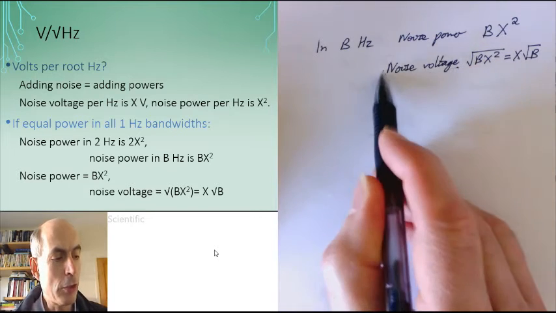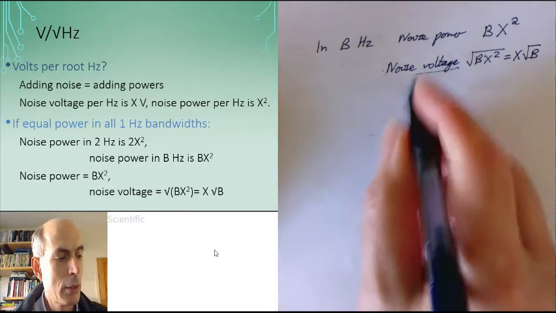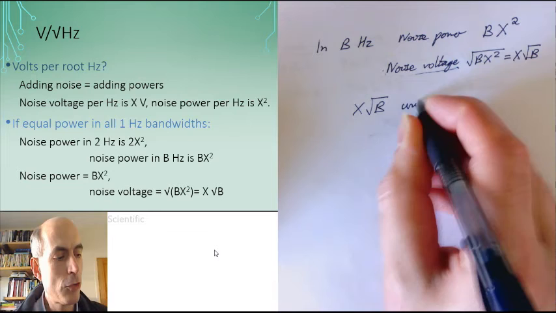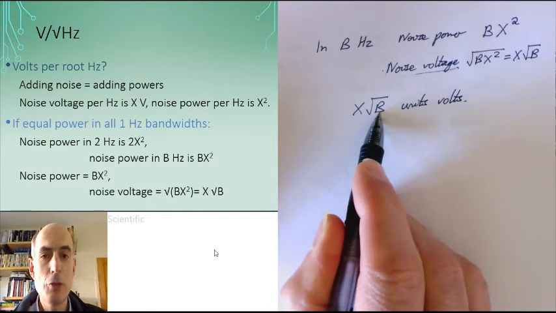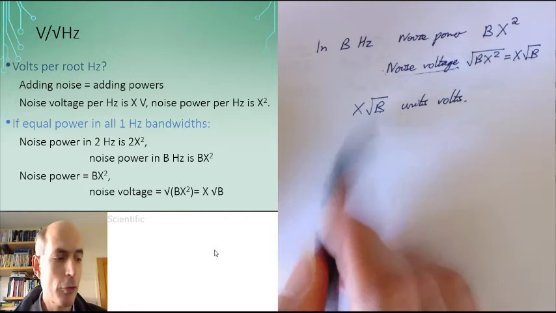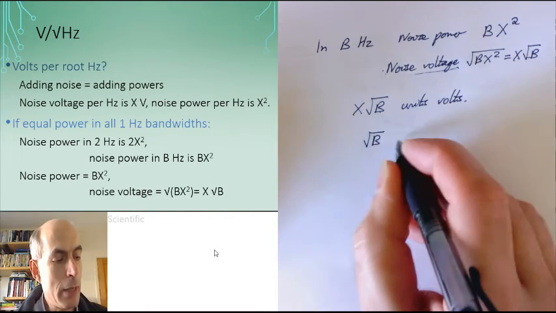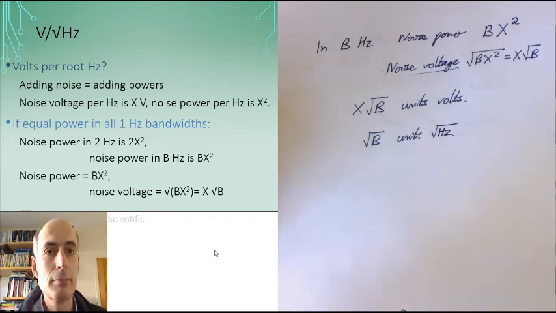The noise voltage has units of volts. So x times the square root of b has units of volts. B is a bandwidth. It has units of hertz. So the square root of b has units of the square root of hertz.